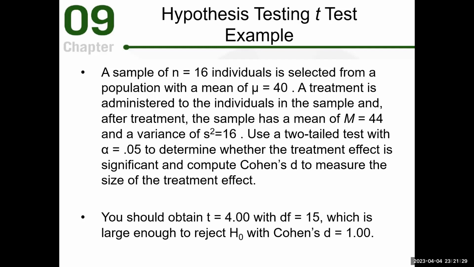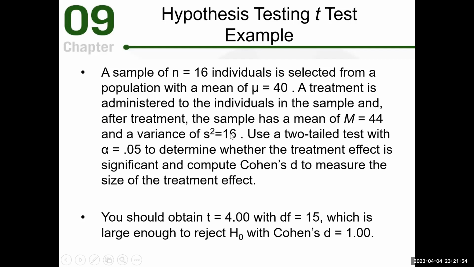You should obtain t equals 4 with a degree of freedom of 15, which is large enough to reject the null hypothesis with a Cohen's d of 1. I'm going to walk through this one briefly, because it's really easy.